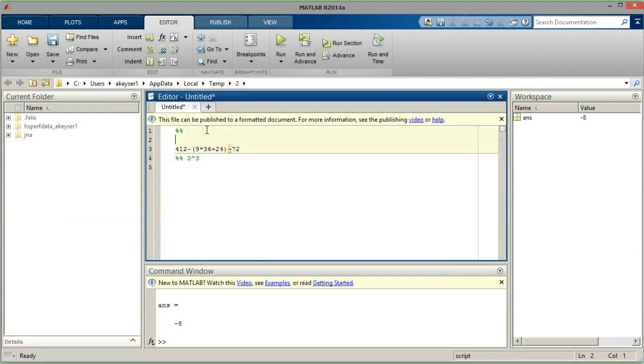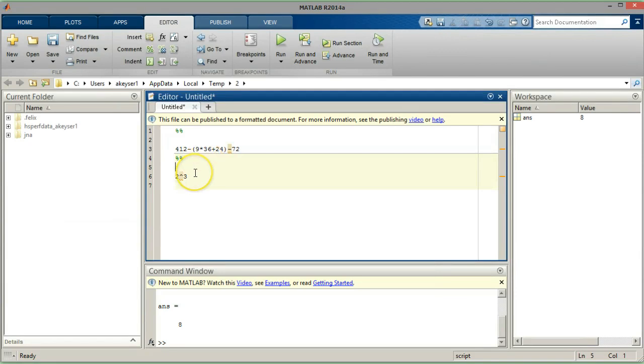You can't put it on the same line. You have to put it on a separate line. So if you put in 2 to the third, it'll read it as 8. So just remember, you don't want to put the percent sign and the actual expression on the same line. You want to put them on separate lines. But you can see that it's in a different section. The answer that it's giving me is 8.